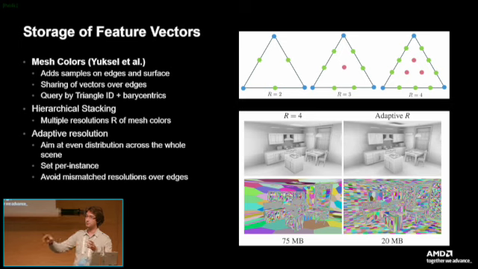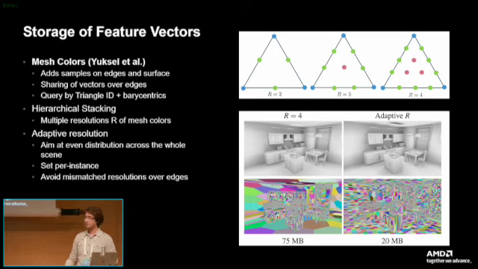We want to use roughly the same size for these little patches. So we have a simple solution which figures out your resolution per instance. Not only do we achieve equal-sized patches of mesh colors, we have also managed to reduce memory consumption with this.